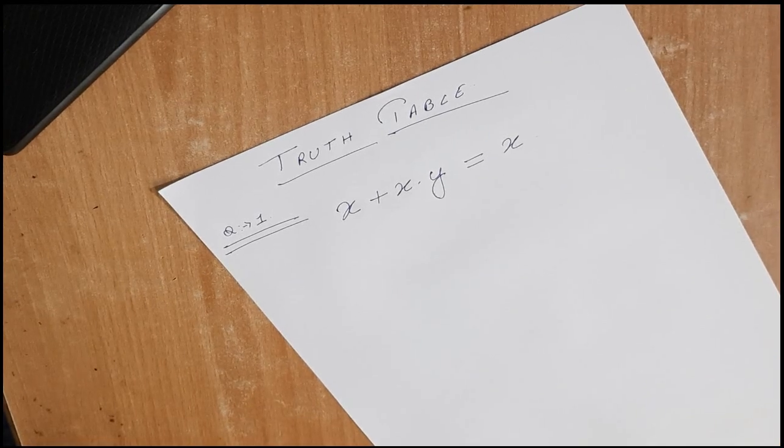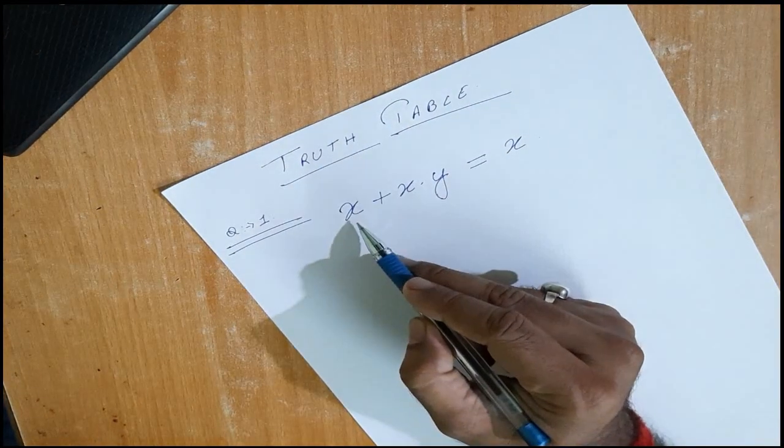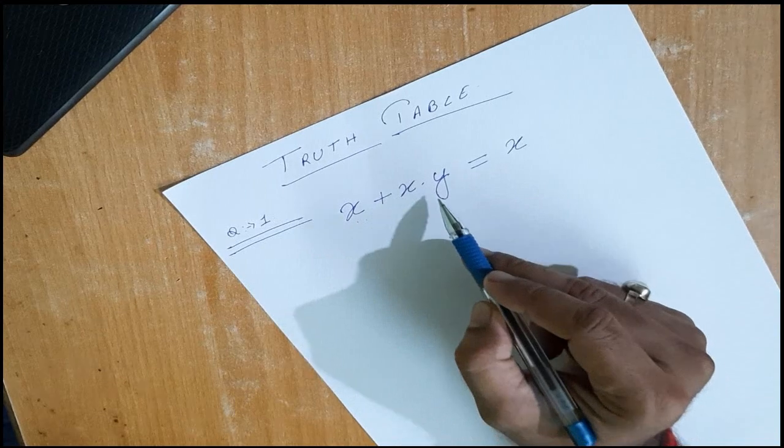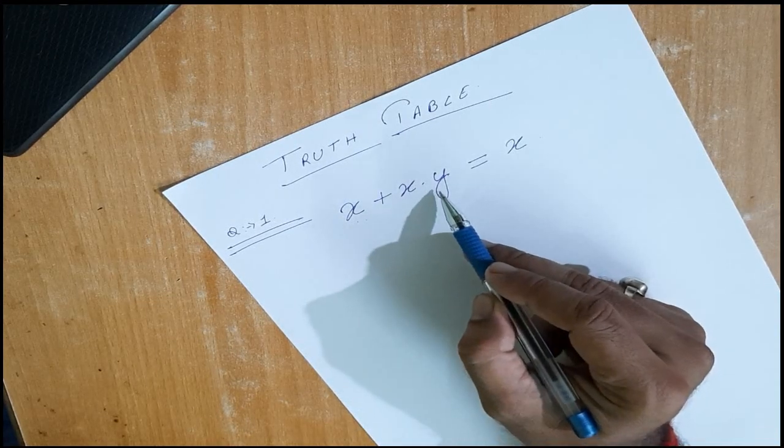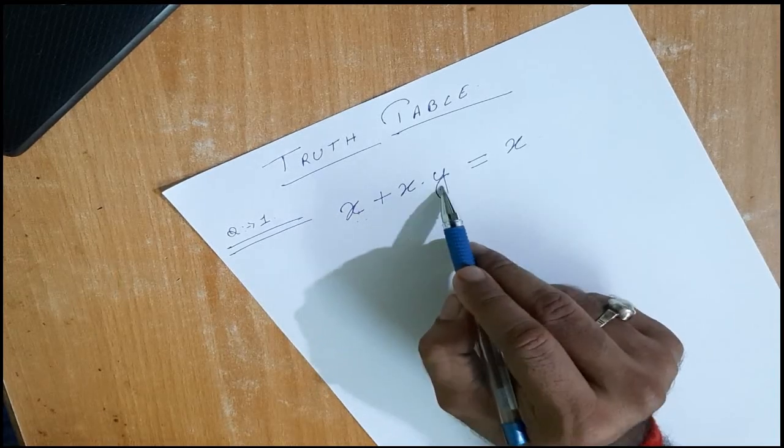Now let's see the example. First of all, we need to prepare the table, and it all depends upon the variables. In the example which I have taken, I have used 2 variables, that is x and y.